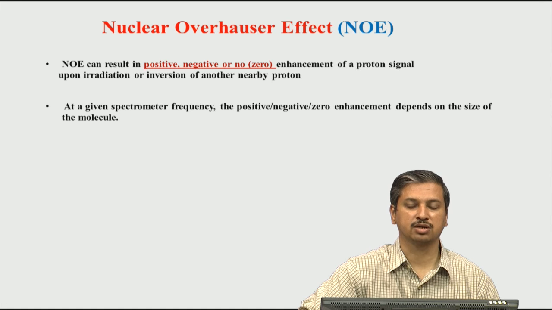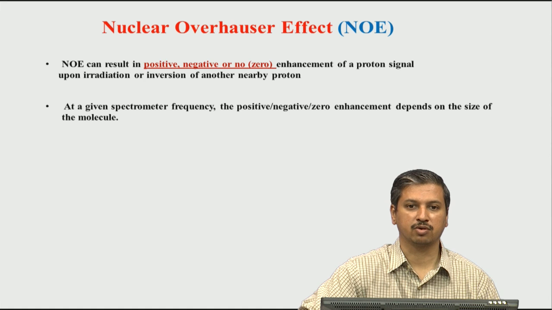When we talk about size, we are talking in terms of a parameter known as rotational correlation time. Rotational correlation time is an indicator of the rotational tumbling of a molecule. Remember, all molecules in solution are not static, they are dynamic in nature.